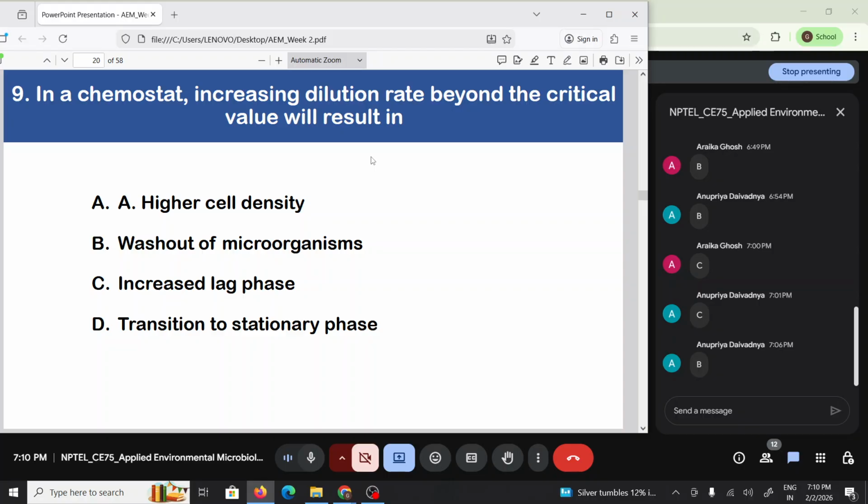So in chemostat, increasing the dilution rate beyond the critical value, which again is related to the growth rate of the microorganism, means the viable cells are going to be washed out of the system, and there is going to be washout of microorganism, and that is the correct option here.